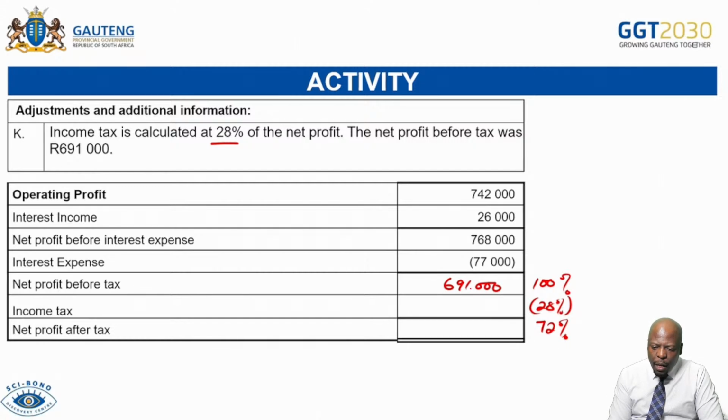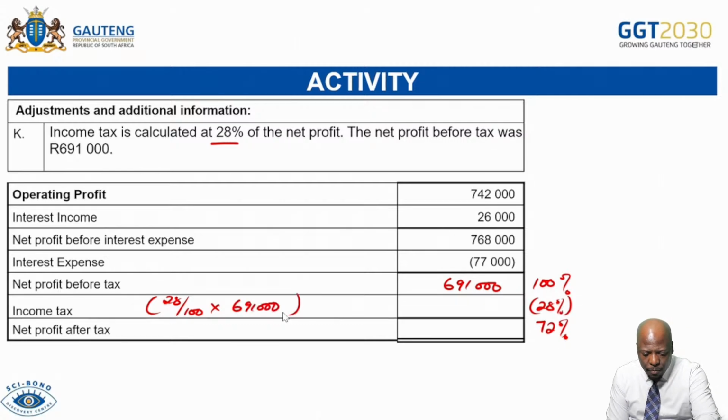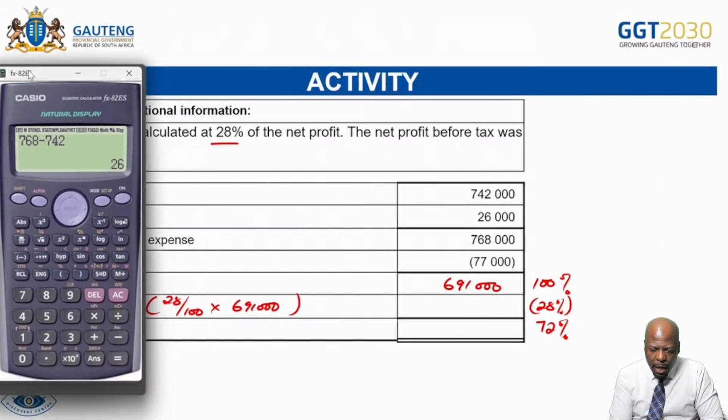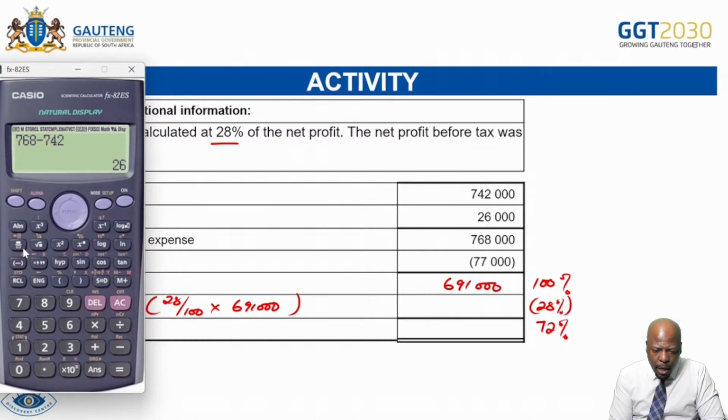Okay? And then I'm now going to say income tax. To get that, I want 28. I have 100. Multiply by 691,000. I close my bracket. So I'll come here and I say, I want 28. I have 100. I multiply that by 691,000. That is going to give me 193,480.